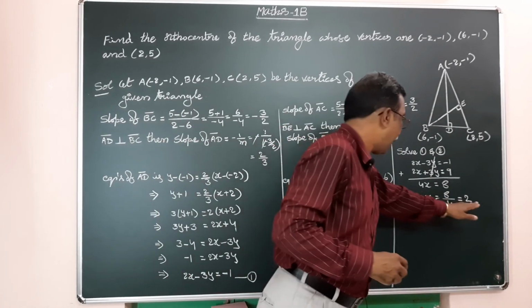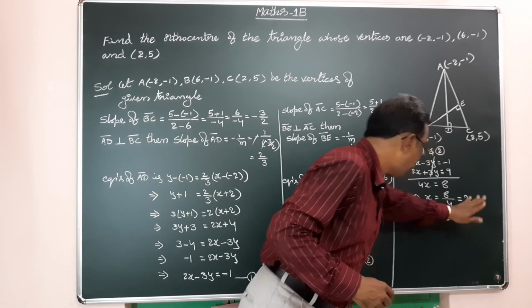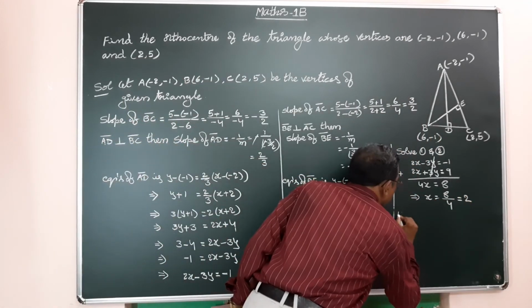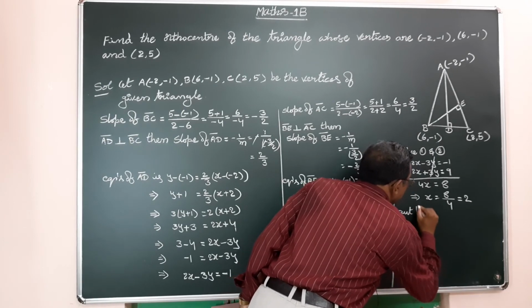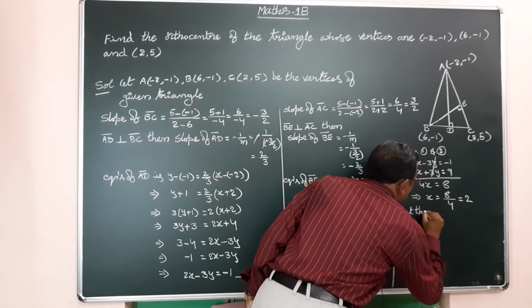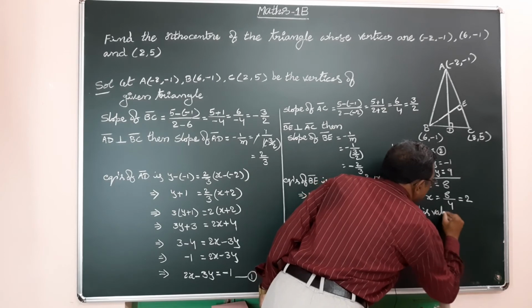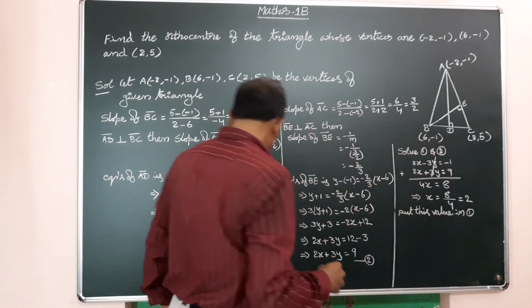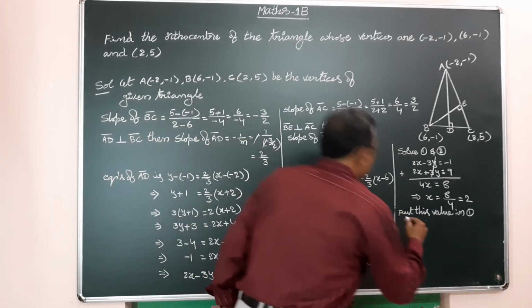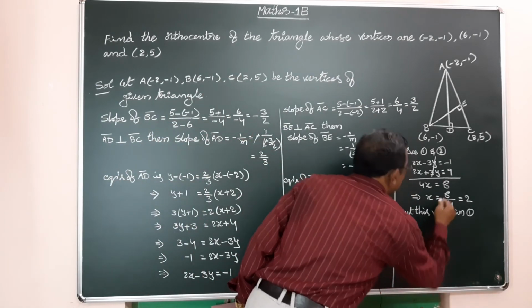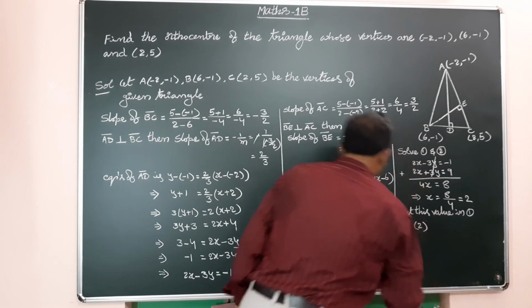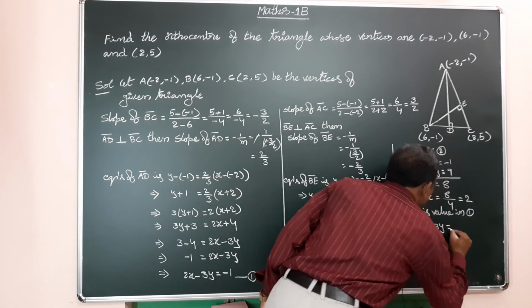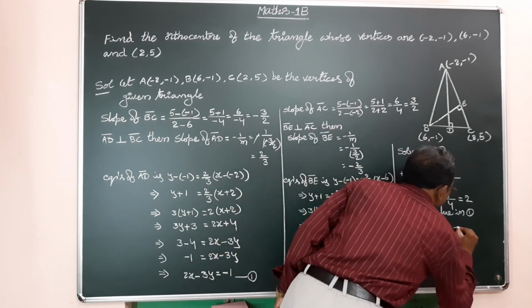Now substituting this value in equation 1 or 2. So put this value in 1. 2x minus 3y, 2 into x, x is 2, minus 3y equals minus 1.